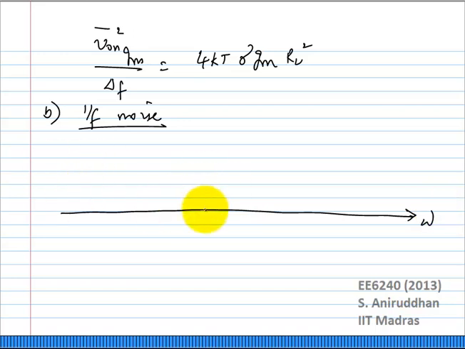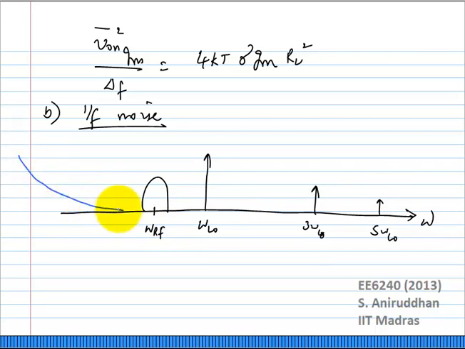So let us say we have our omega LO, 3 omega LO, 5 omega LO and so on. This is my omega RF. Where is my flicker noise? My flicker noise is at baseband. Okay?